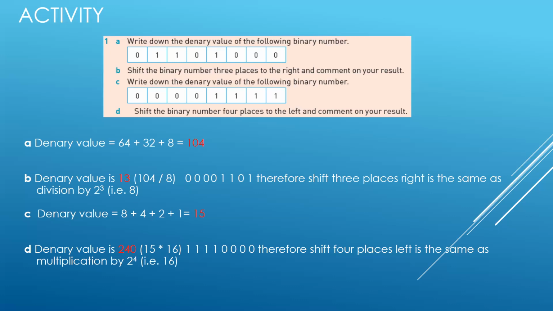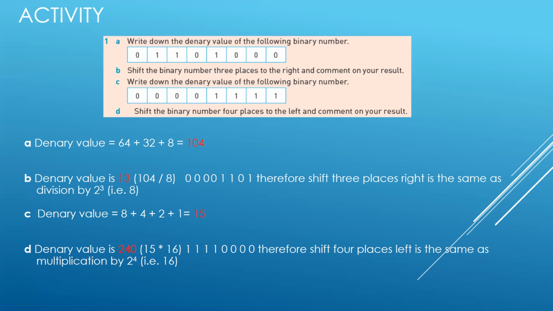Great. Now moving on to part C, right? The denary value of the following binary number, it's a very simple one. 1111, we have learned it so well. We have been practicing this in different questions. So we know it's 15. And when I am asked to perform 4 places to the left, it means these ones will move from these locations to the MSB.